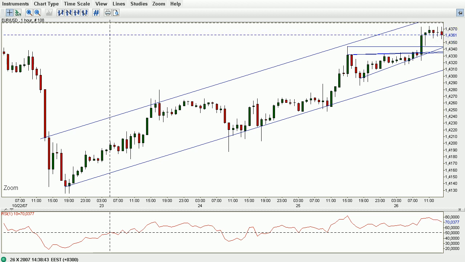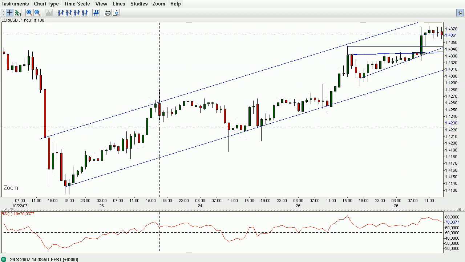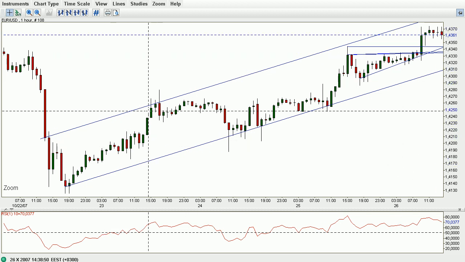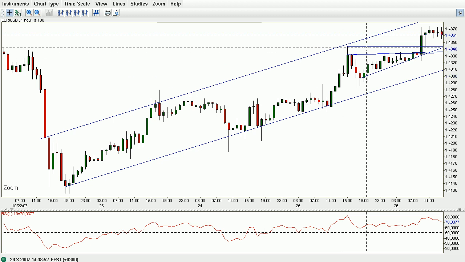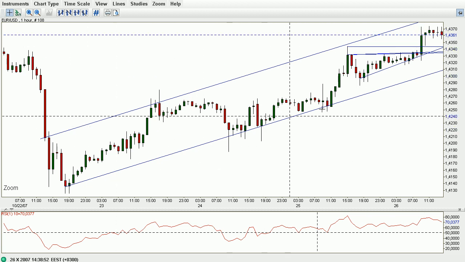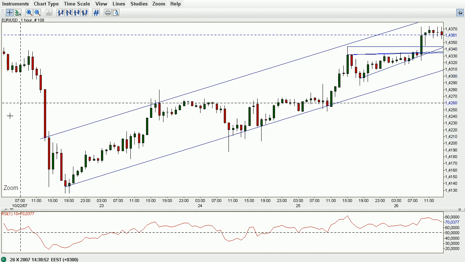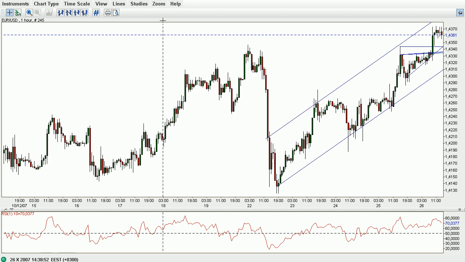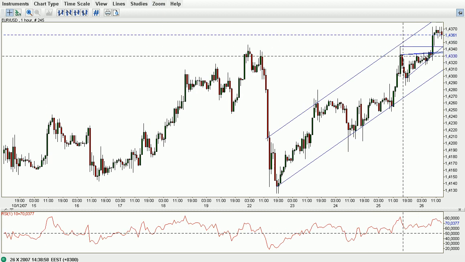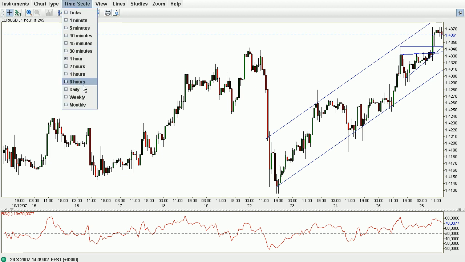This is not a 100% sure thing that our channel would hold, since our upper boundary has been touched like 3 times and our lower boundary like multiple times here. So we can't expect that this channel would hold for a much longer time.